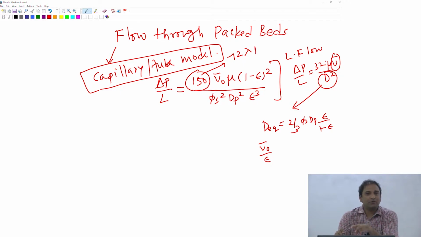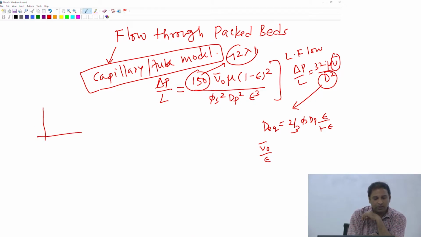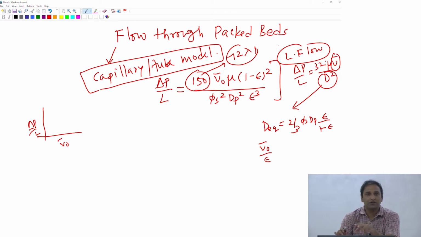And we said that people have done a lot of experiments, and they found that if you have data of delta P by L versus V naught bar, and you're in the laminar flow condition, that is, if you ensure your Reynolds number is less than 1, you would get a straight line passing through the origin.